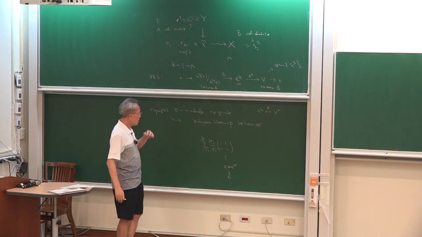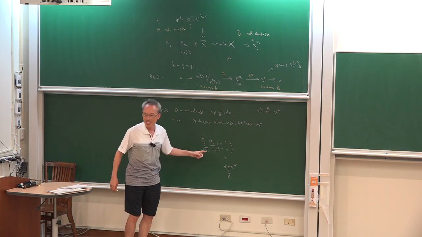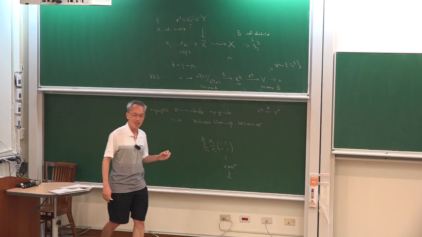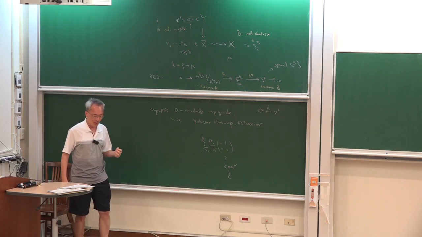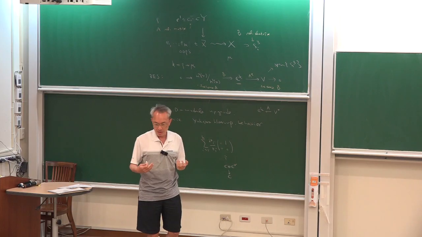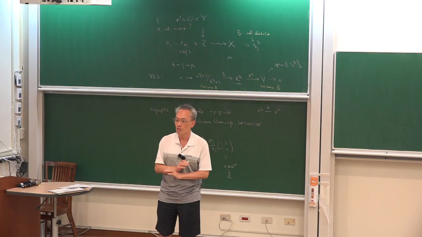But then I decide to show you the proof of this just later, because I think this is very interesting. And the proof really relies on what I said, the extension of the nilpotent orbit theorem to the non-normal crossing situation.